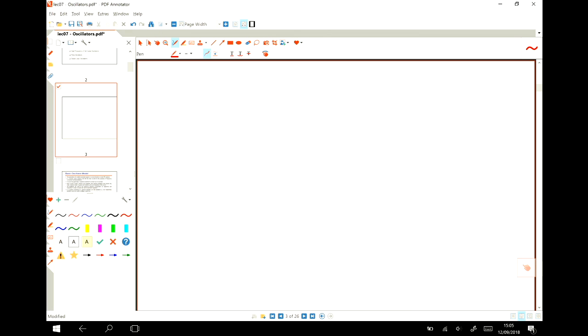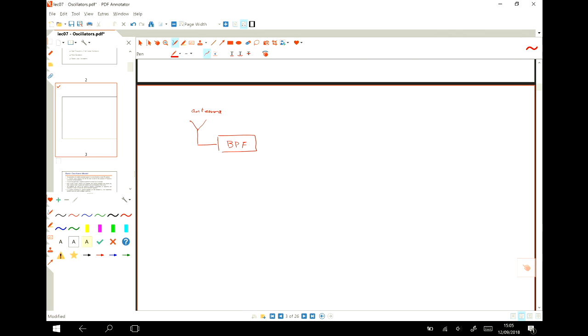Again, if I draw a receiver part, and the transmitter is something that I did before. In a receiver part, we have one antenna, and after the antenna, we put a band pass filter, which filters out the undesired signals. Then usually we have one LNA, and the next stage is a mixer, which we covered in the previous topic, and this mixer has a signal which comes from a local oscillator.